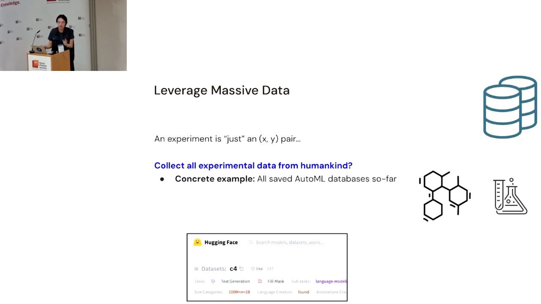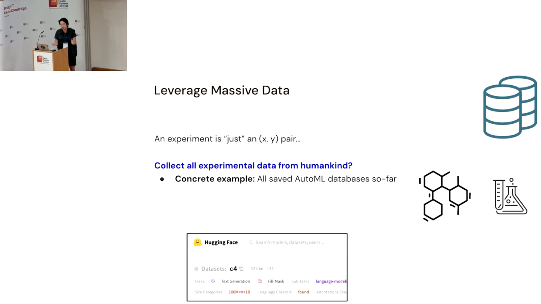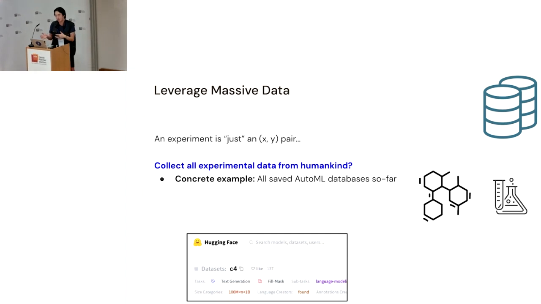But as a concrete example, we can maybe save all of our AutoML databases so far and make it into a data set. The LLM community already even has a standardized data set that's basically all the internet scraped, the C4 data set. It's shocking how the entire internet data set is now standardized for people to work on. There's no reason why we can't standardize our gigantic AutoML data set.